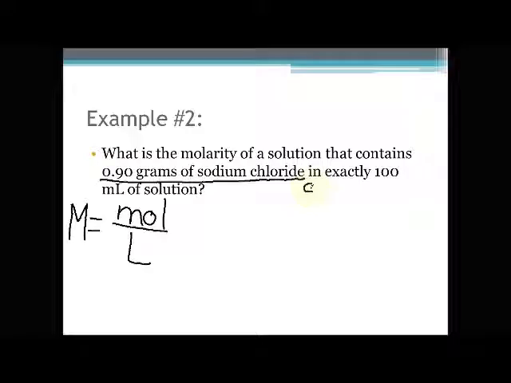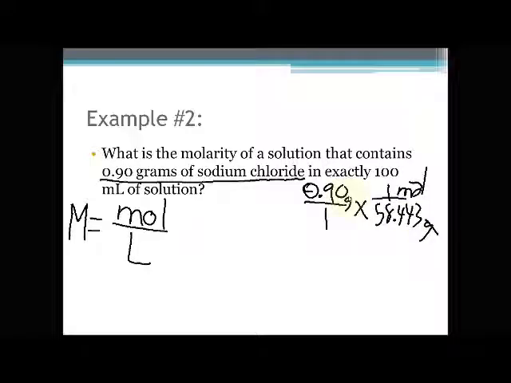We take our 0.90 grams of sodium chloride, put it over 1, and then times the molar mass of sodium chloride, which is 58.443 grams.